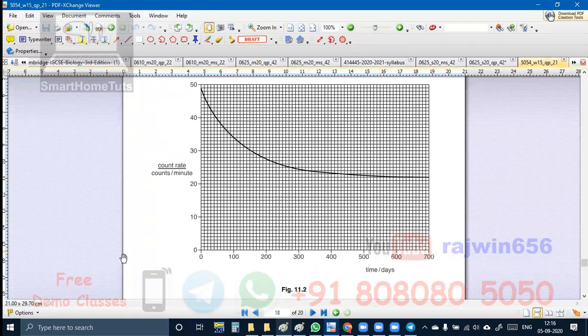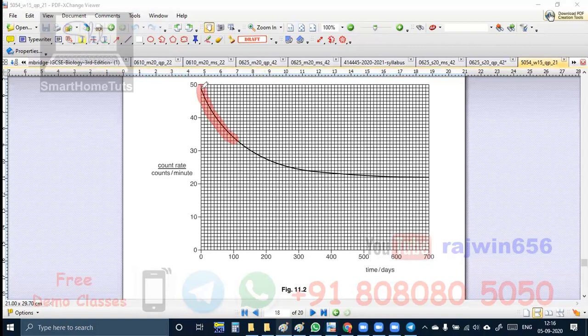Initially, as you see over here, the radiation count is decreasing. After a certain point, this graph becomes a straight line from this point onwards. I'll take the last point over here, and I will draw a straight line like this.